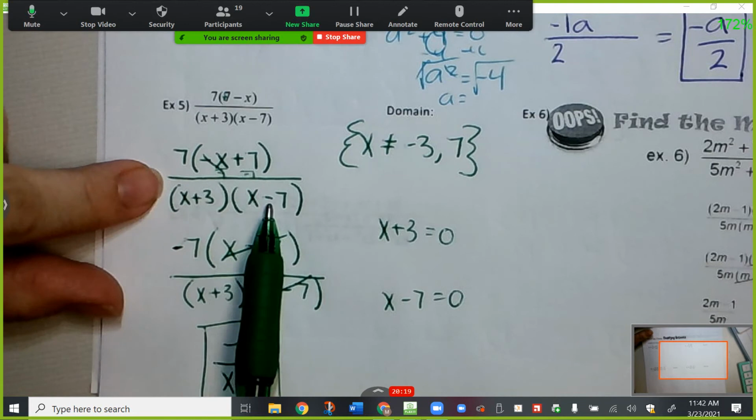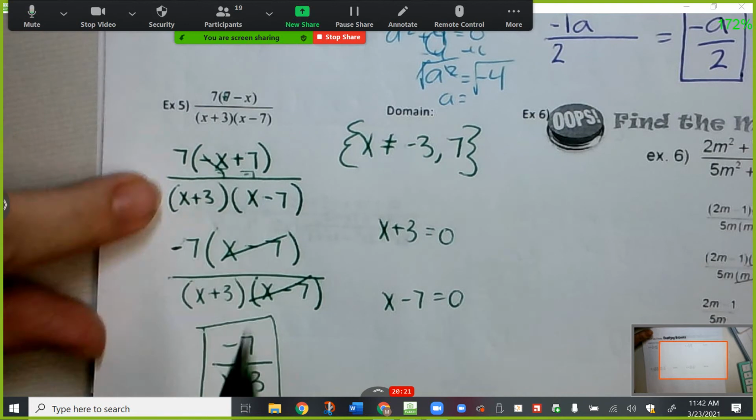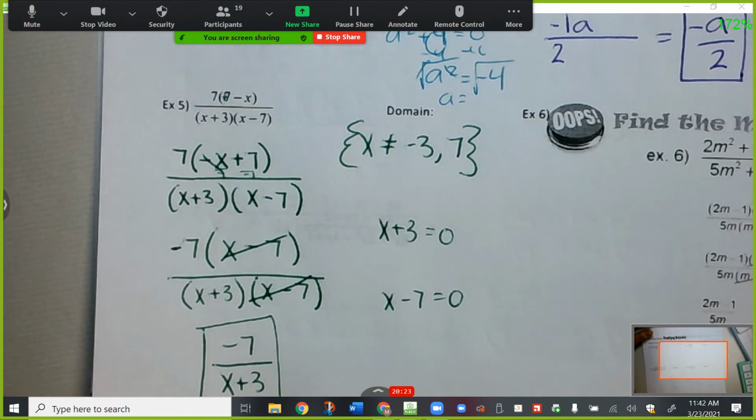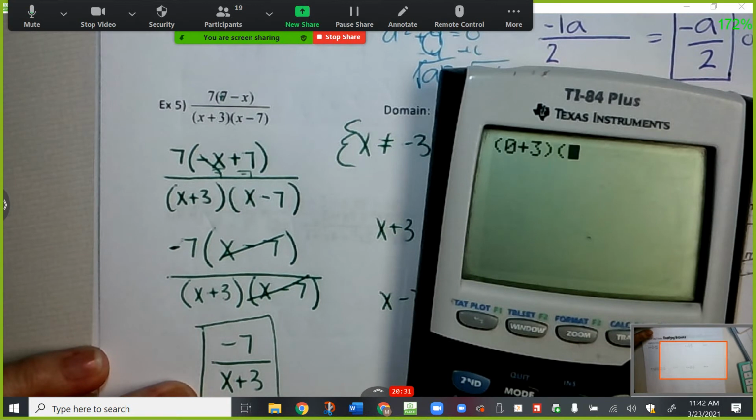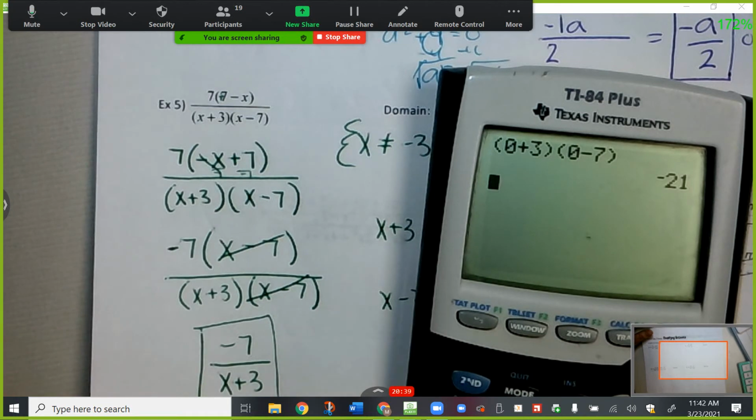One has a plus 3 and one has a minus 7, and that's what makes 0 fine. Okay? And you can even test it. If x was 0, you would get 0 plus 3 times 0 minus 7, which equals negative 21, so that's fine. Remember, the denominator can't be 0, but it can be negative 21.